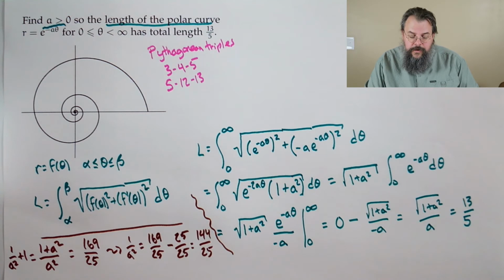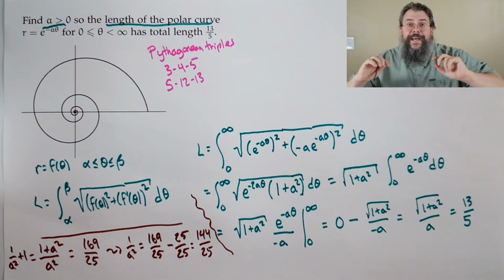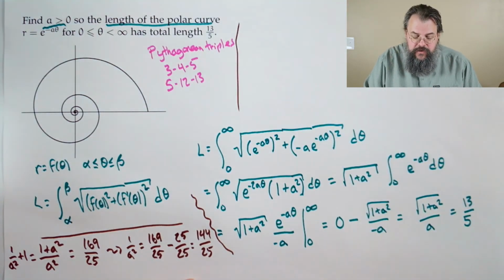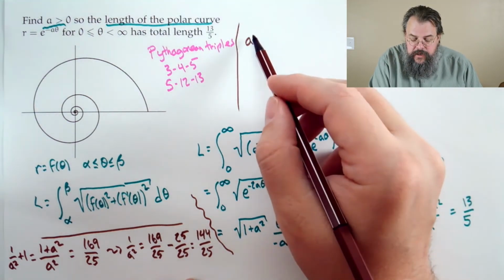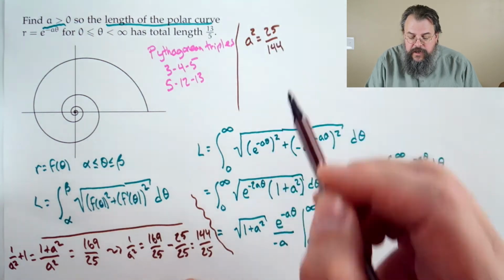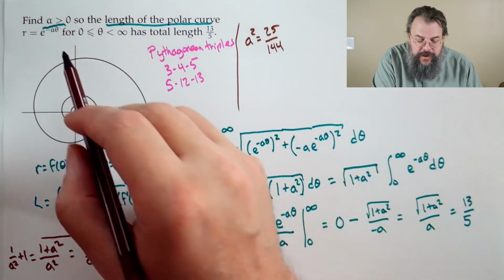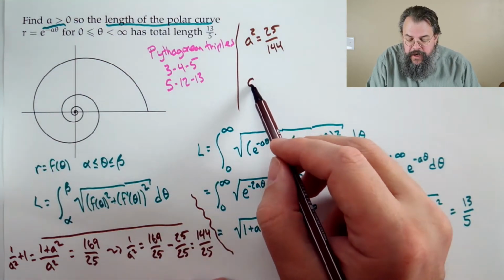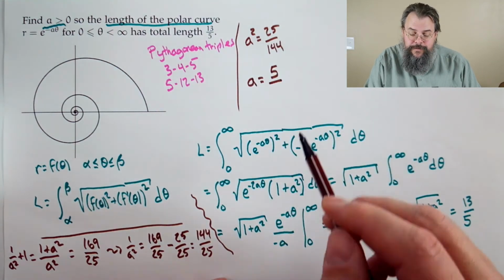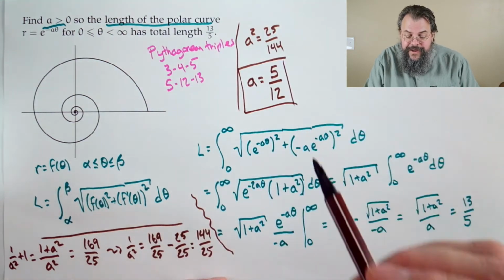Well, now we're really close. We have a single a, flip both sides, and we see a squared equals 25 over 144. Take the square root, and remember, a is positive, so I don't need to worry about plus or minus. The square root of 25 is 5, and the square root of 144 is 12. 5 twelfths.